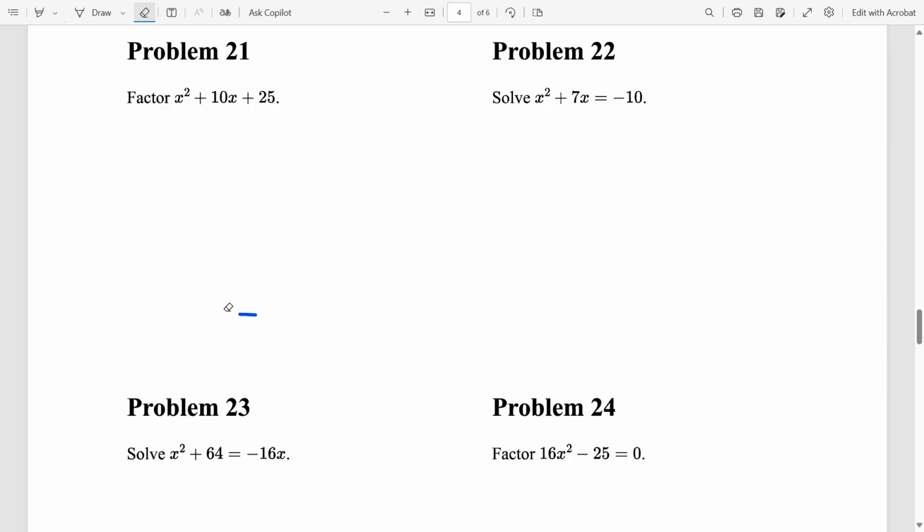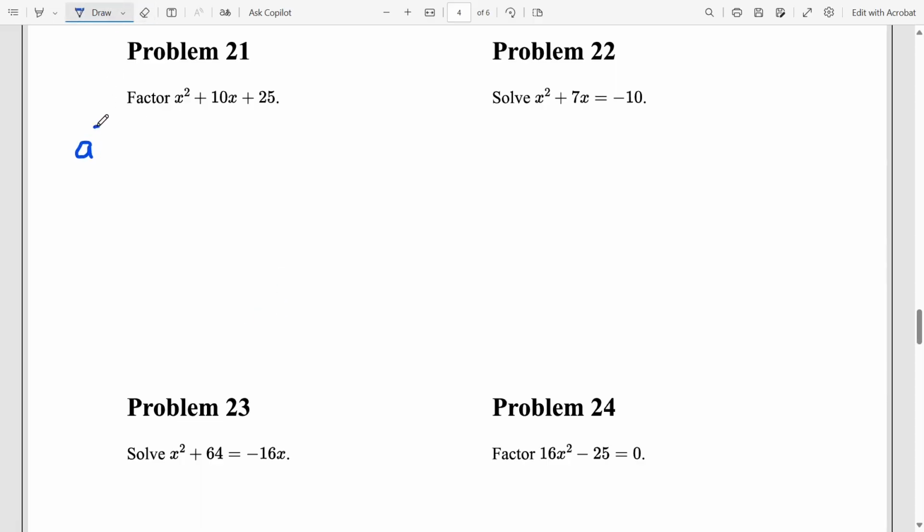can check that. Perfect square trinomials take the form of a squared plus 2ab plus b squared, and they factor to the quantity a plus b squared.